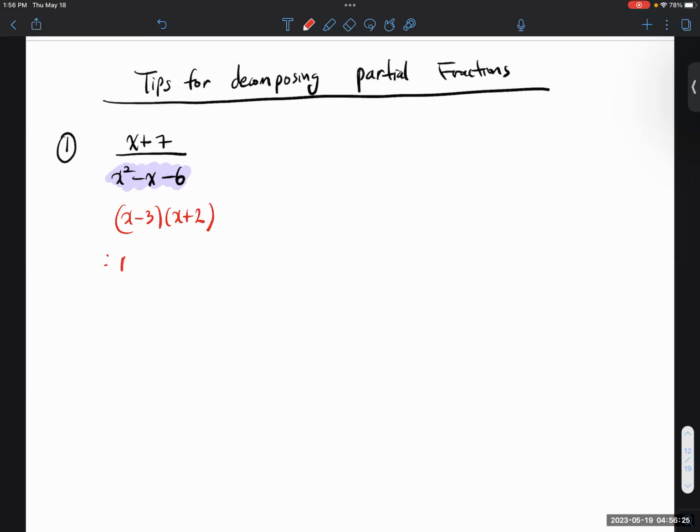This is a non-repeated linear factor. x minus 3 is not repeated, x plus 2 is not repeated. Therefore, you can simply write A over x minus 3 plus B over x plus 2. This is case 1, when your factor is not repeated and it's a linear factor.